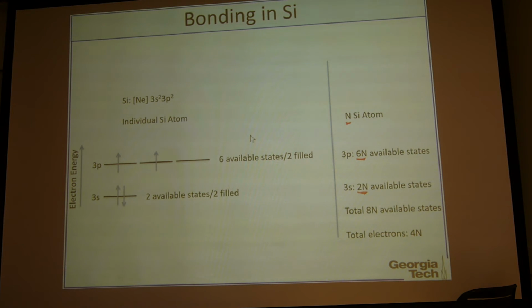The total number of electrons will be 4n, since each silicon contributes 4 outermost shell electrons. So in total we have 8n available states and 4n electrons, and those 4n electrons will occupy a portion of those 8n states.